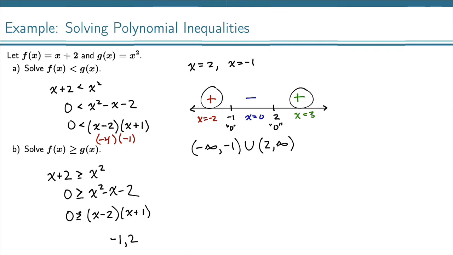But we also care about when it's equal to 0. We have the greater than or equal to symbol here. So we're going to include anywhere where it's equal to 0, and we know it's equal to 0 at negative 1 and at 2. So we'll put brackets there to indicate in our interval notation that negative 1 and 2 are included in the solution.